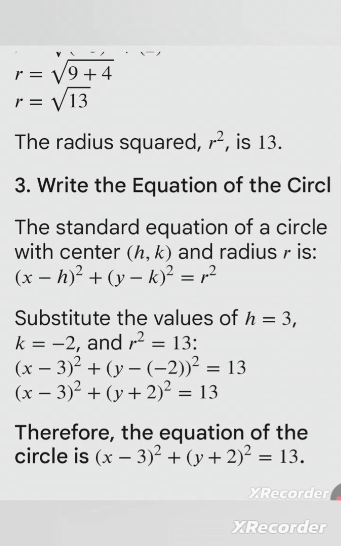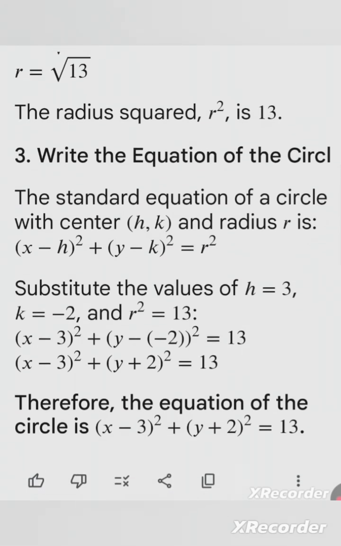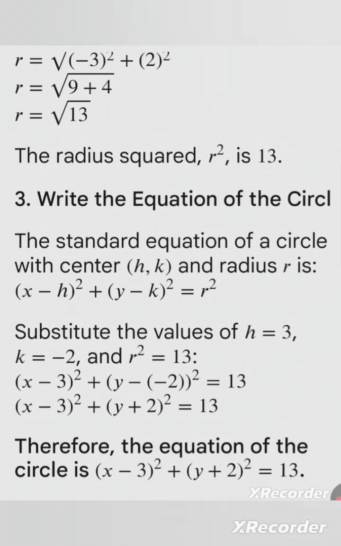If you put these into the equation, we get the required equation: (x minus 3) whole square plus (y plus 2) whole square is equal to 13. Hence, the required equation is here.